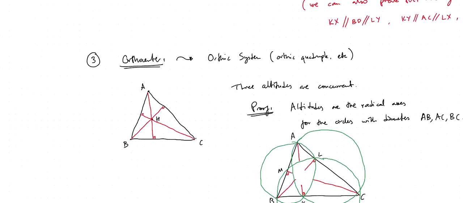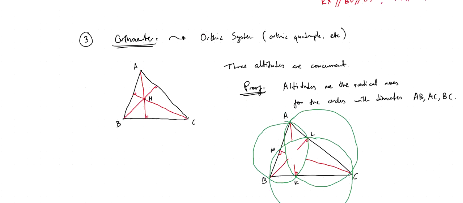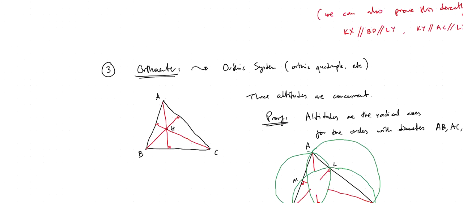And what is an orthic system? The nice thing is, as soon as you get a triangle and its orthocenter, if the triangle is not a right triangle (if you have a right triangle, the orthocenter is the right vertex), the orthocenter is a fourth point.